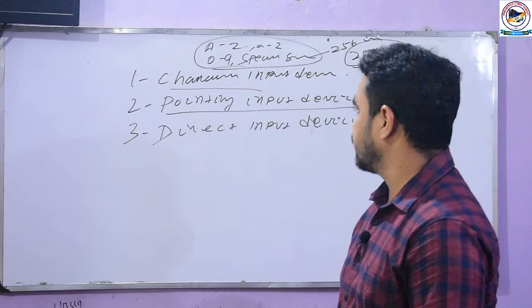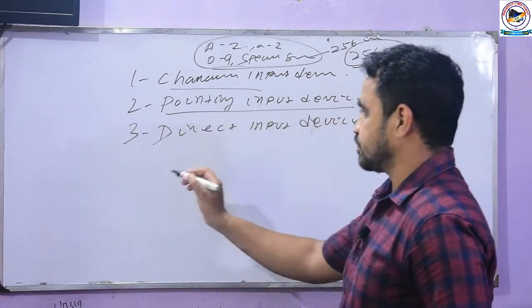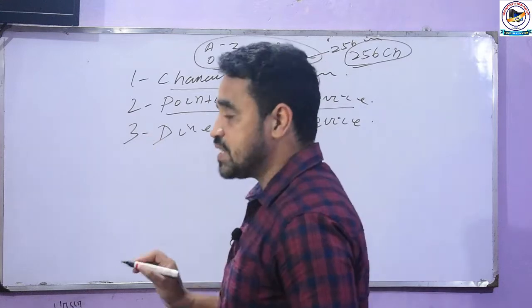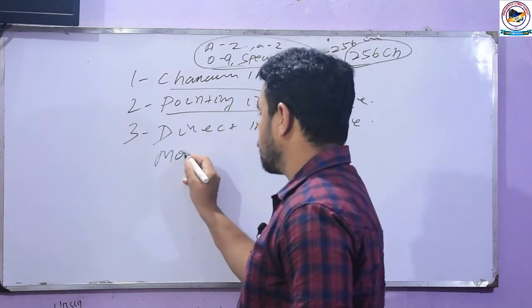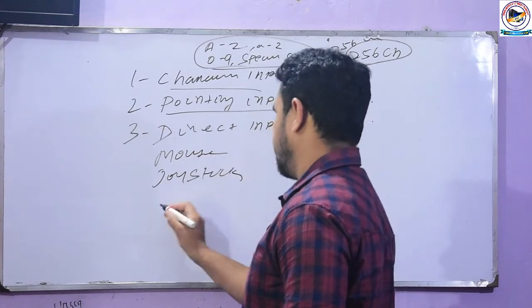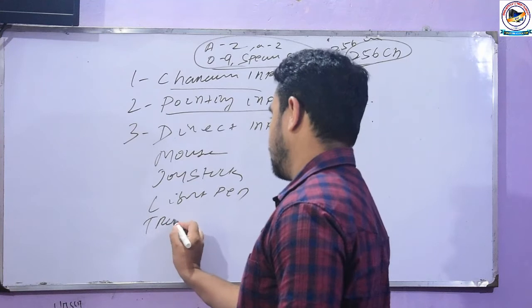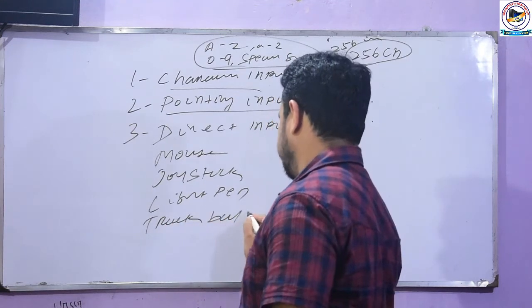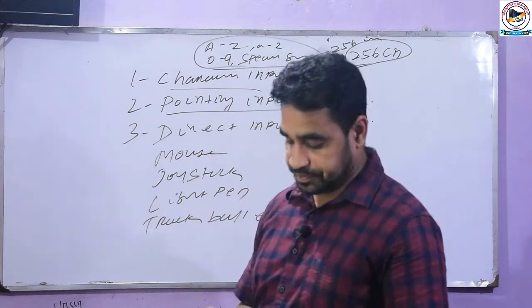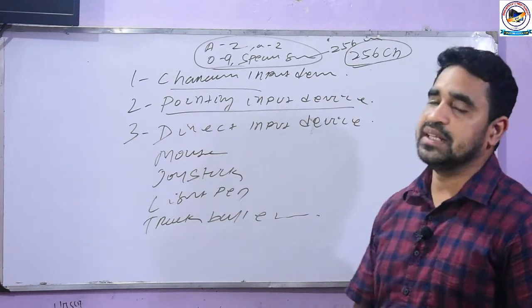The pointing input devices include mouse, joystick, light pen, trackball. These are included under the pointing input device.